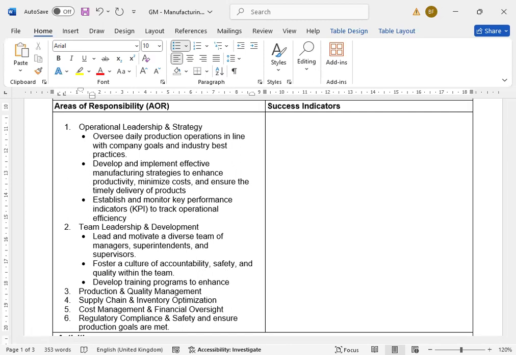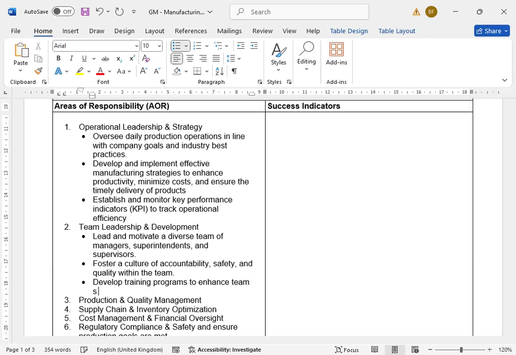Competency comprises knowledge, skills, and attitude, KSA. To enhance team skills, and promote career growth.